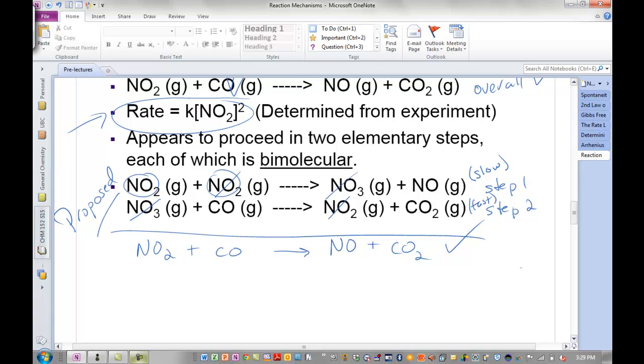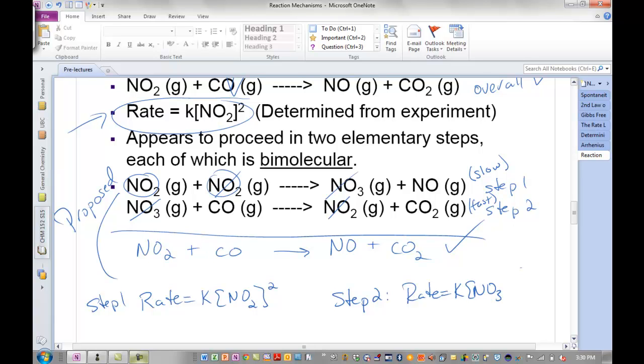So for this first one, I can write rate is equal to k[NO2]^2, because it's 2 NO2 in the first step. So this is step 1. Step 2 would be rate is equal to k[NO3] to the first power, because there's a coefficient of 1, [CO] to the first power.